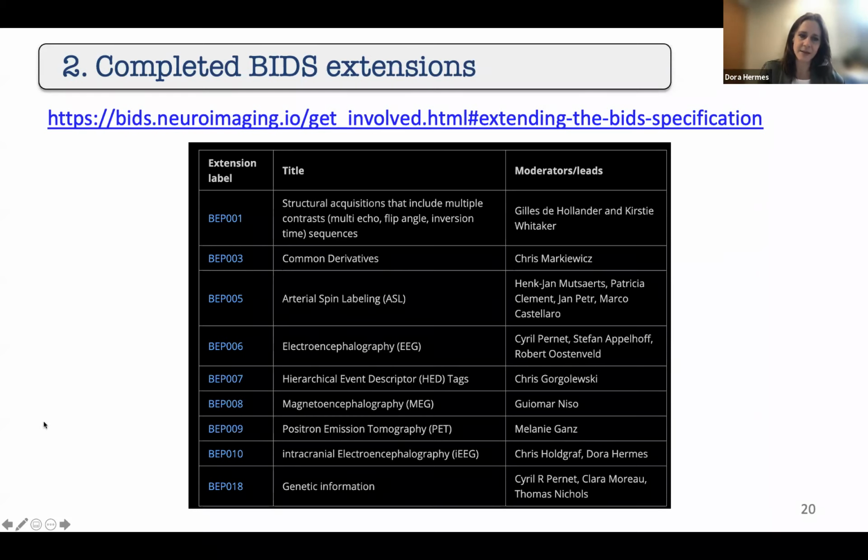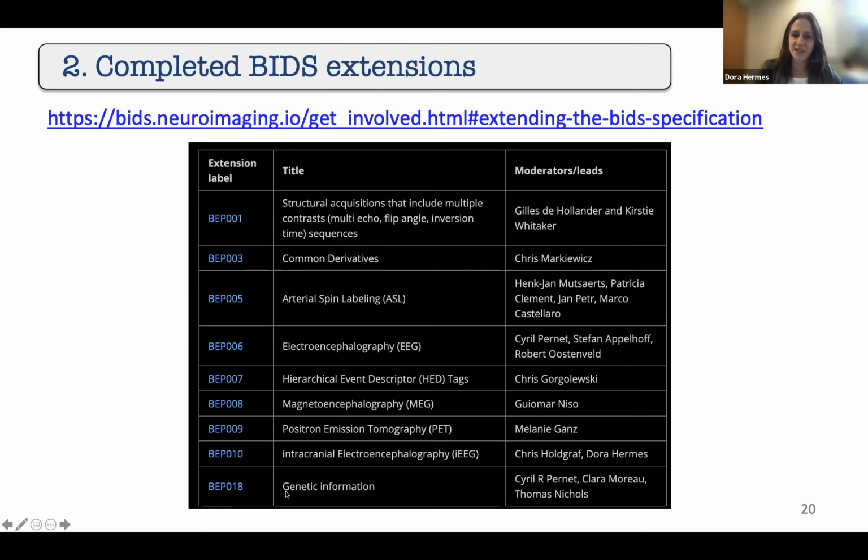So you can see, for example, the first BIDS extension proposal was structural acquisitions. And you can see here the EEG extension proposal; these are all the extension proposals that have now been accepted in the brain imaging data structure. You can see the intracranial EEG here, and for example the hierarchical event descriptions that I mentioned, the EEG was accepted at the same time, ASL, PET, genetic information.